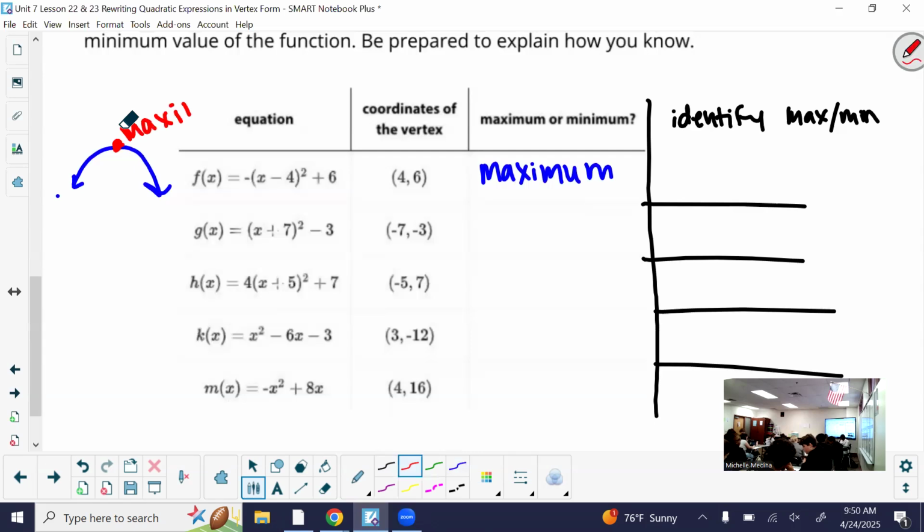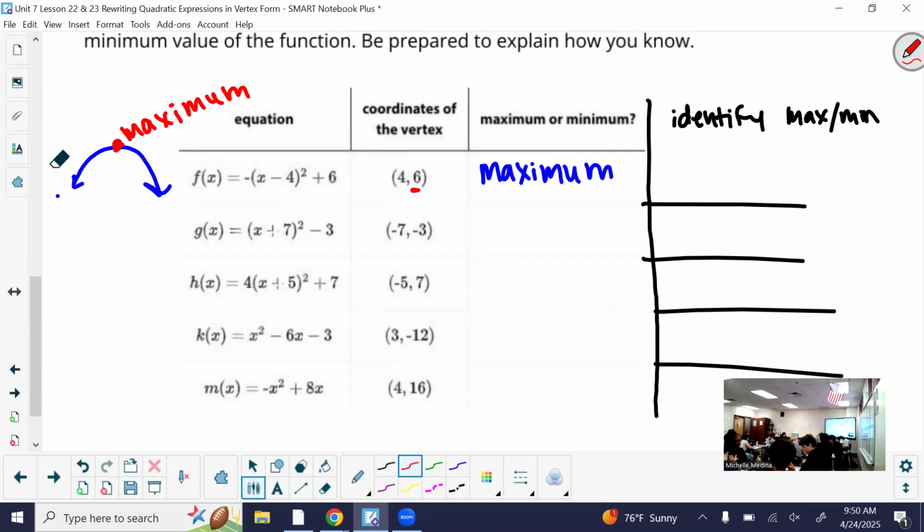So that is true. And then I do want you to be able to tell me what it is because, like I said, on your tests, it'll have you comparing them across different forms. So like which one has a higher maximum? You need to know that when we talk about minimum and maximum, we're really only talking about the y.